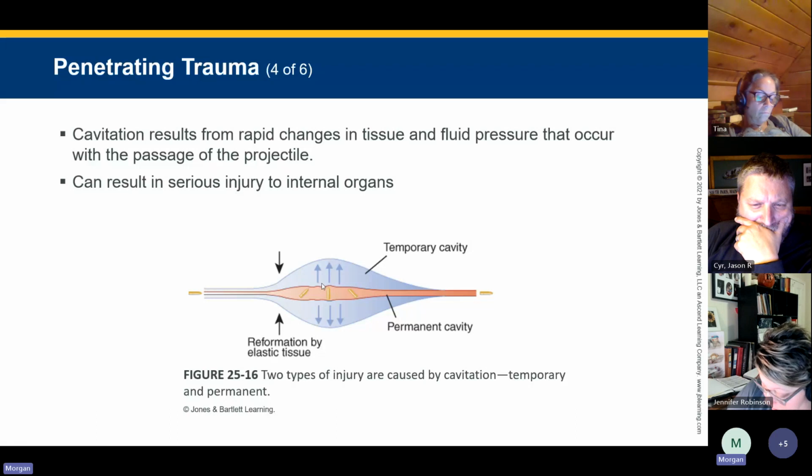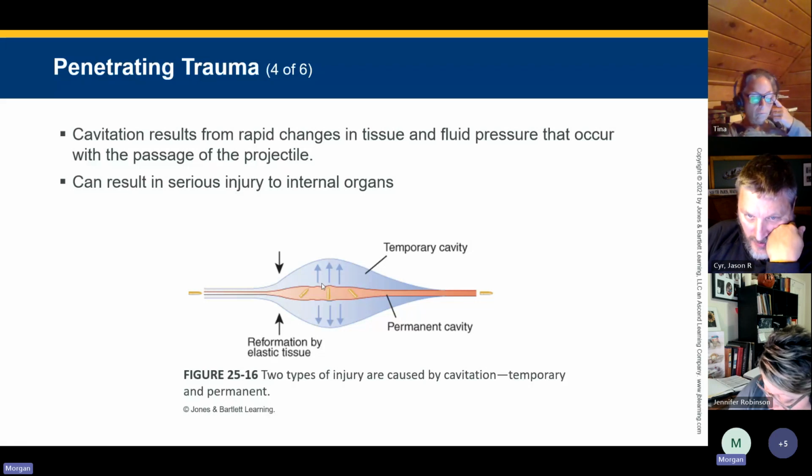It's going to push the heart, or depending on where the bleeding or injury is, it's going to cause issues. Like the heart won't be able to pump if there's swelling involved.